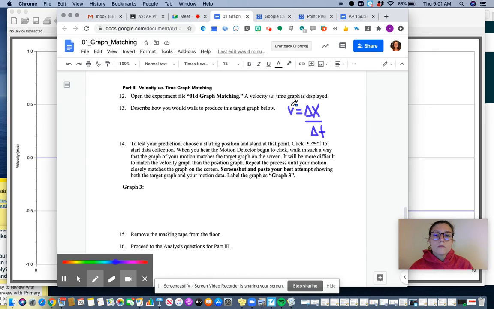So we know that velocity depends on displacement. If we know the velocity or the slope during a specific time interval, we can find how far you need to walk. So you can either use the equation for velocity, which is change in position over change in time.